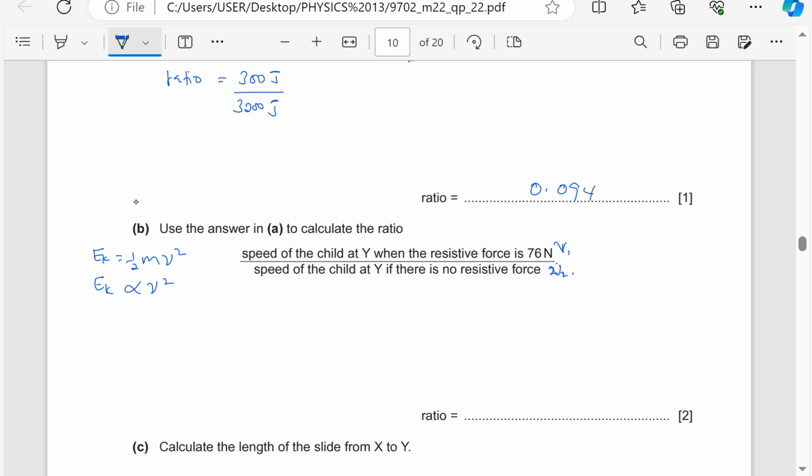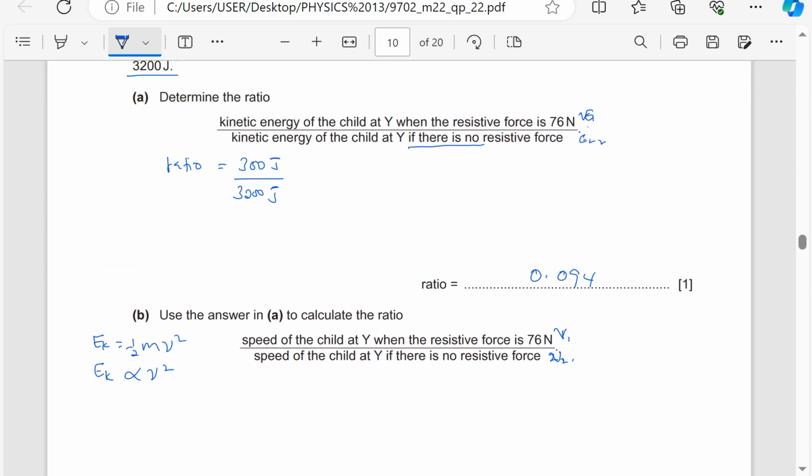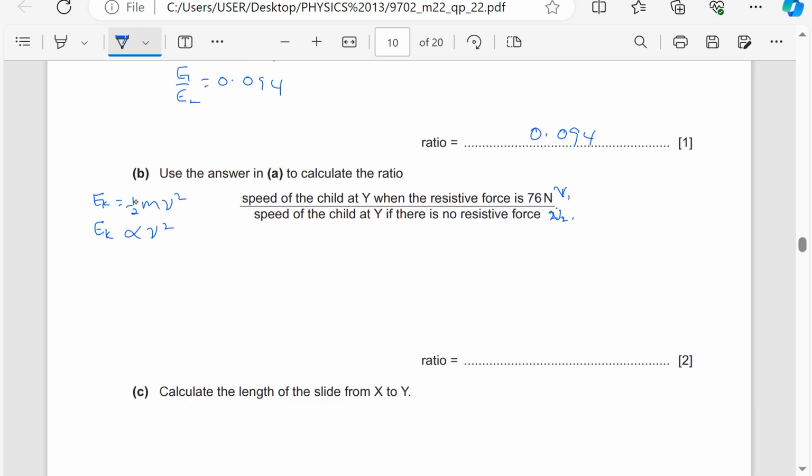So E1 over E2 was 0.094. So I have two equations here. E1 is equal to a constant times V1 squared. And E2 is going to be the same constant times V2 squared. When I divide, E1 over E2 is equal to V1 over V2, but these are going to be squared.